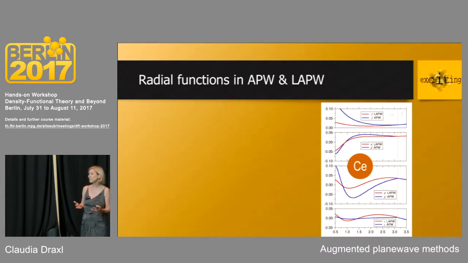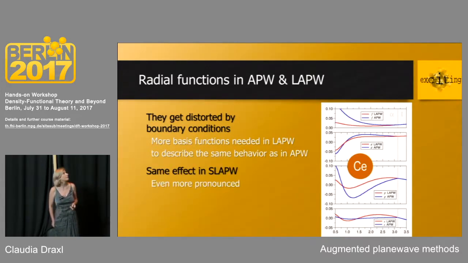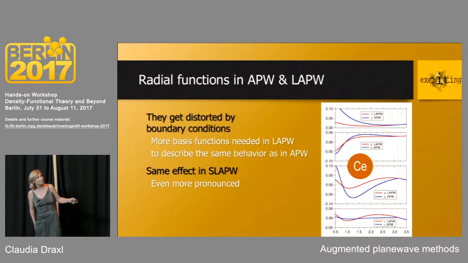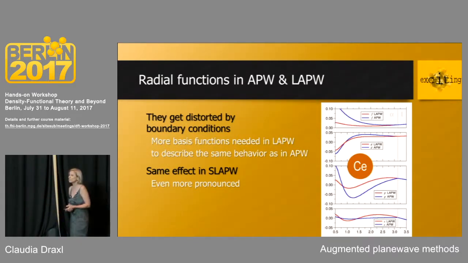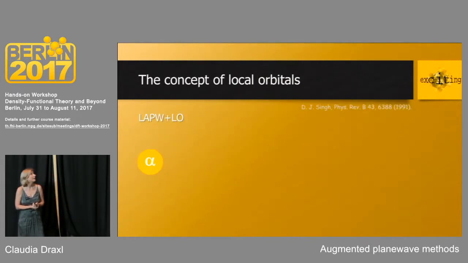So what looks good at the end is in fact the drawback. Due to this distortion, this is the reason why we need so many more plane waves. And this is just the difference between APW and LAPW. If you think now about the super LAPW, where you even make the second derivative continuous, you increase your computing time more and more. So this is heavily inefficient, and that's why I have to do something else.